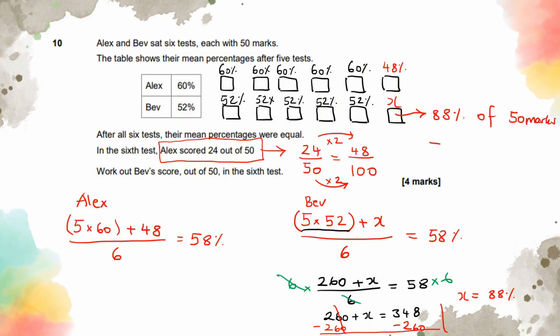So if I do 50 times 0.88, that's going to give me 44. This means Bev's score out of 50 in the 6th test is going to be 44 out of 50. And this is how we get 4 marks from this question.